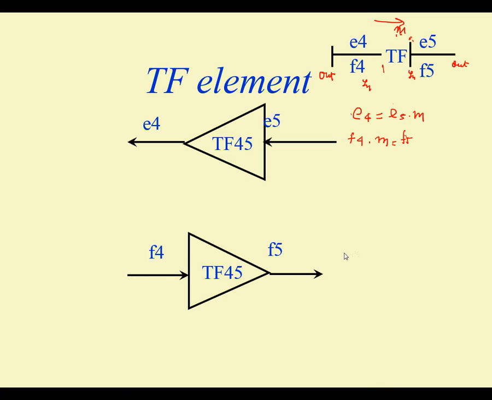The way it's written here, the output on this side is the flow, and this is the input here, F sub 4. These are the equations that you see here. This would be E sub 5, F sub 5.